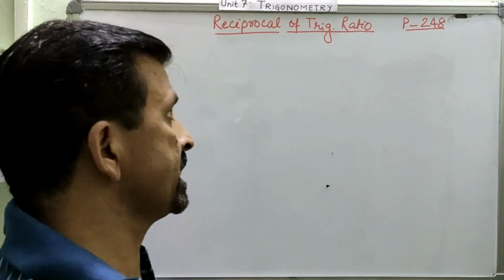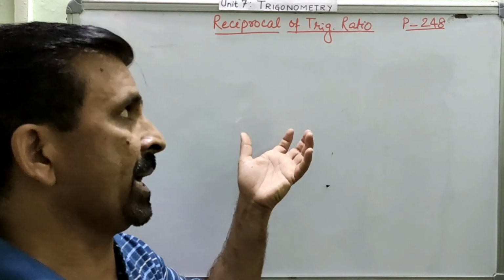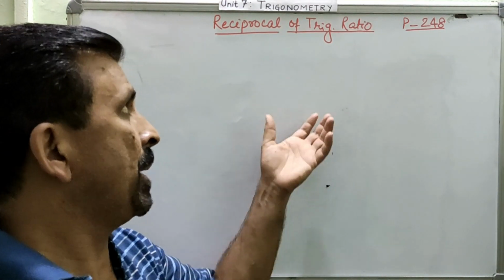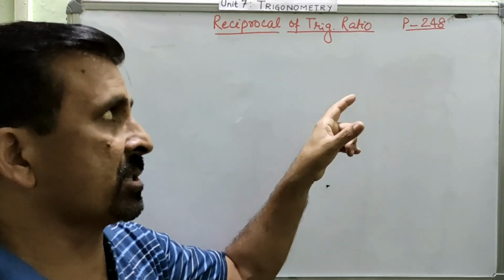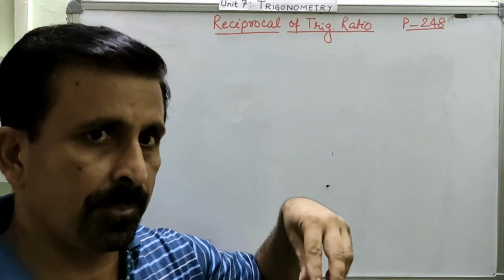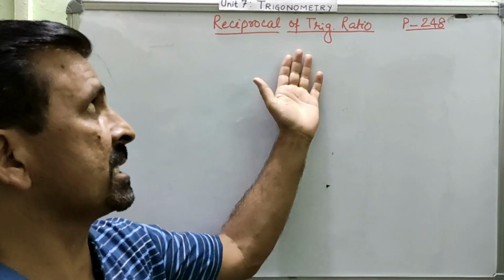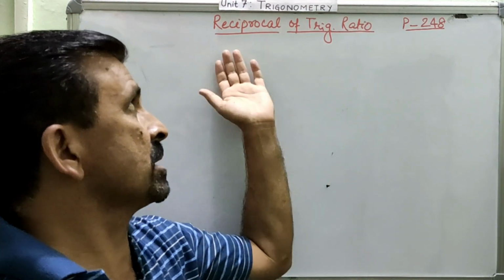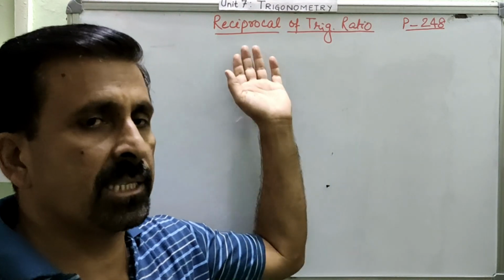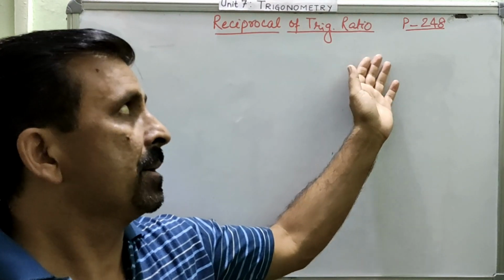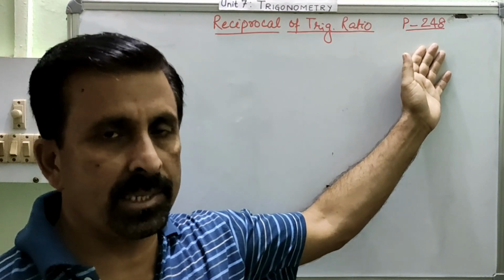That is why I am not writing the name of the topic as trigonometrical identity, but I am writing basically this topic. This particular exercise talks about the reciprocal of trigonometrical ratio, and that is why I have given the heading as reciprocal of trigonometrical ratio, which is on page number 248.